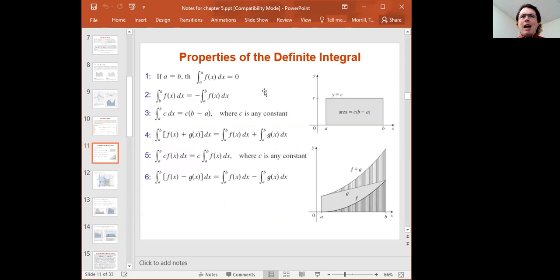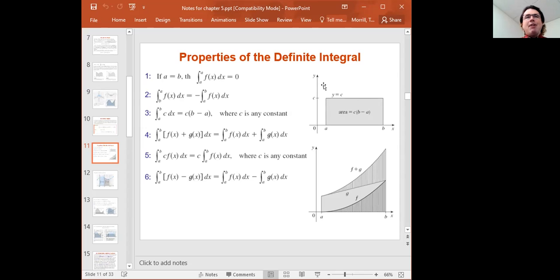And they're all written out using the algebraic notation here. But all of these things are properties that we would expect to see from working just with geometry and measuring areas of certain shapes.